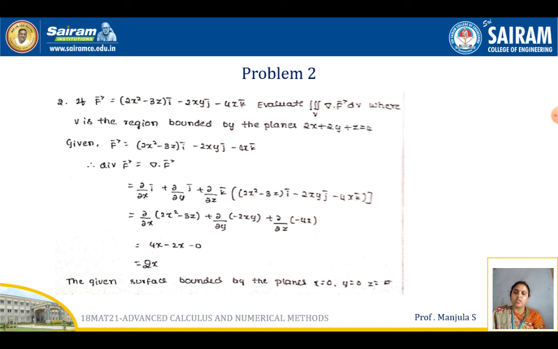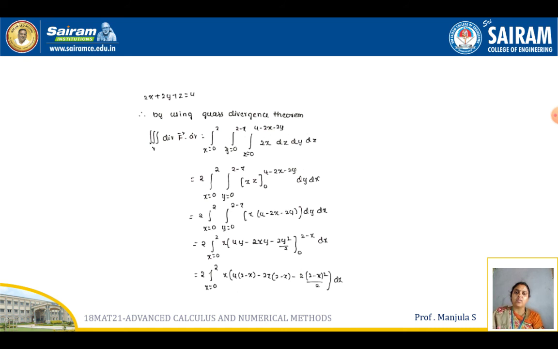So now the given surface is bounded by the planes x equals 0, y equals 0 and z equals 0. So the lower limit is fixed, that is 0 0 0, and the upper limit we have to find out with the help of the given plane. So that will become the limit value of x is 0 to 2, y is 0 to 2 minus x and z is 0 to 4 minus 2x minus 2y.